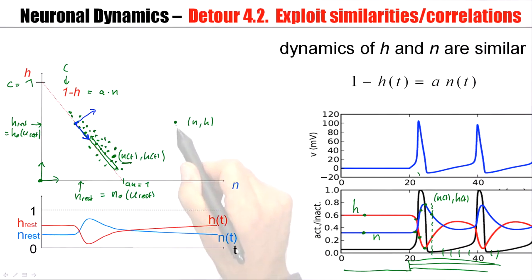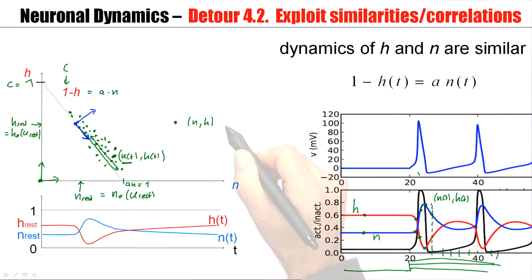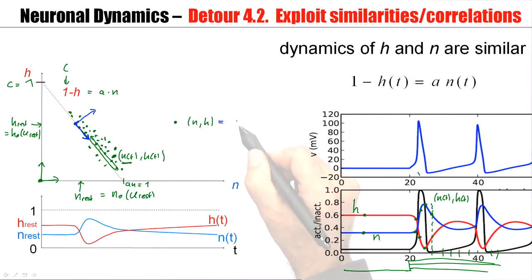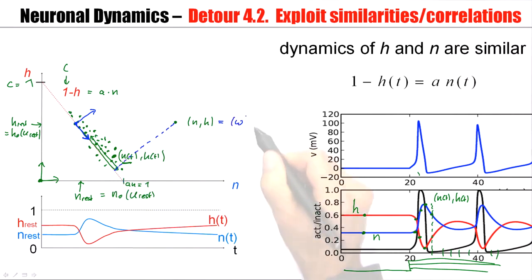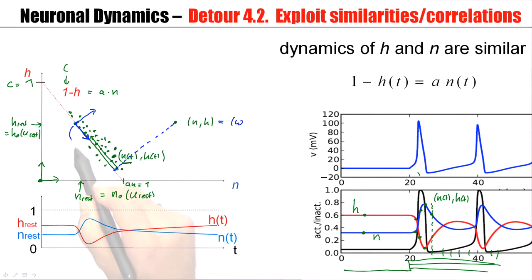And the same point that I have here can now be also expressed in this new coordinate system by its distance from this new origin along the red dashed line. That would be this value here. Let's call it w. W would be the location along the red dashed line, and z would be the second coordinate.